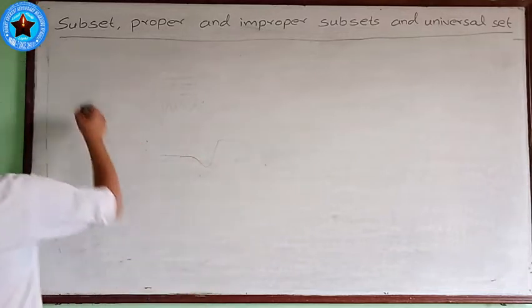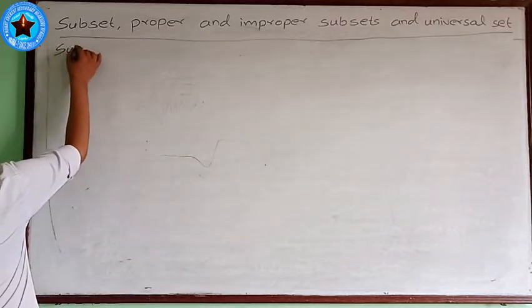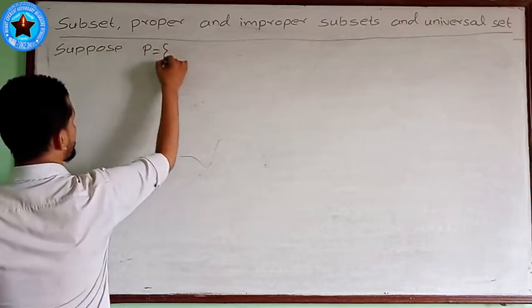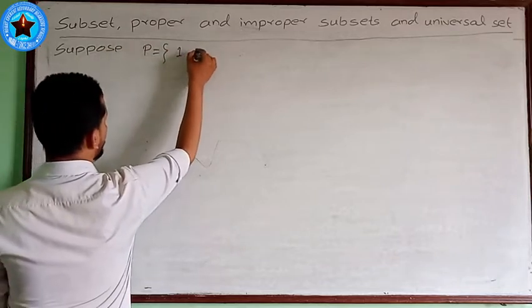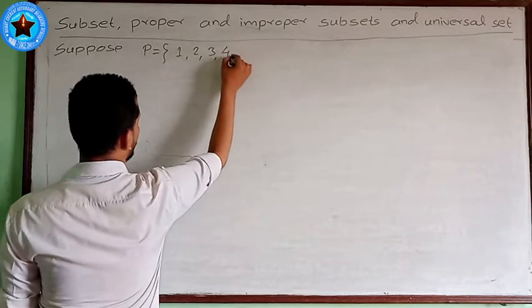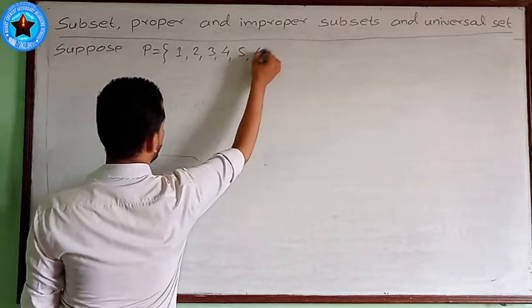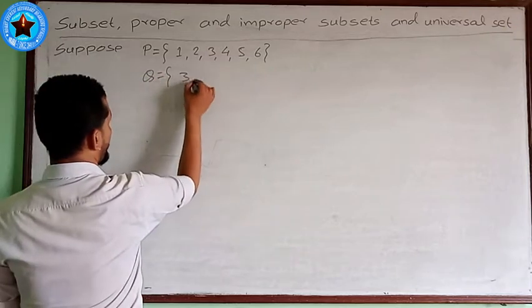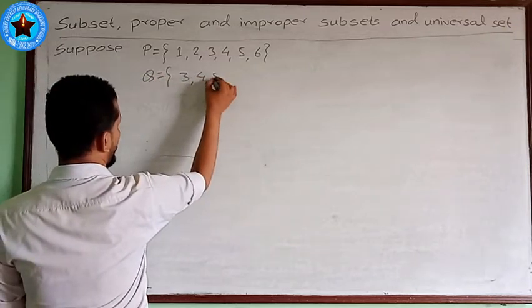Suppose P equals {1, 2, 3, 4, 5, 6} and Q equals {3, 4, 5}.